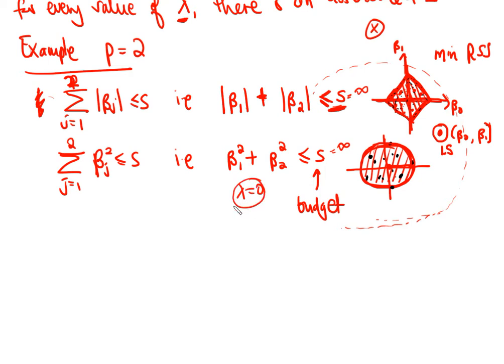The beta naughts are inside our budget. So that's what it basically means. So we want to choose an S such that we actually gain something from doing these shrinkage methods, right?